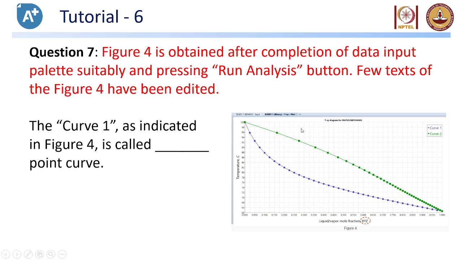So can you answer this? The curve 1, which is blue in color, what does this curve represent? Yes, you are correct, it's the bubble point. What does the green curve represent? Yes, it's the dew point curve.